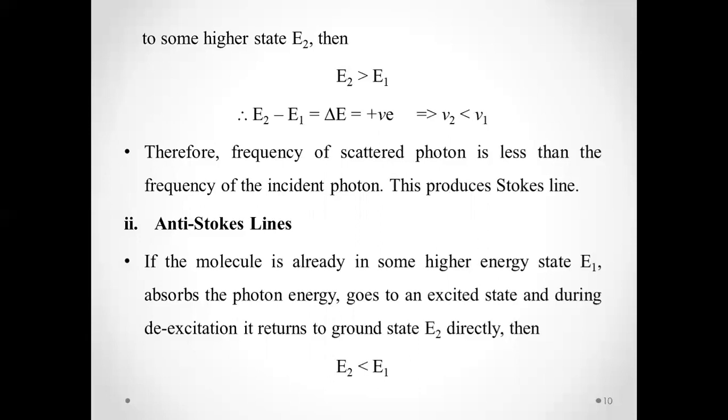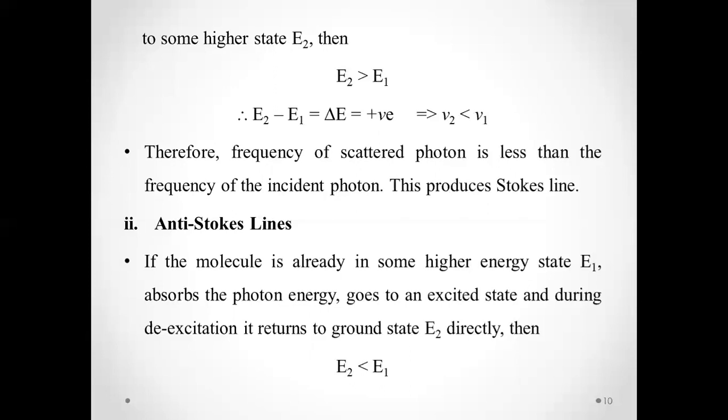Therefore, E2 minus E1, which is equal to delta E, is found to be positive, which means the final frequency nu2 is less than the initial frequency nu1. Therefore, frequency of scattered photon is less than the frequency of the incident photon. This produces the Stokes lines.